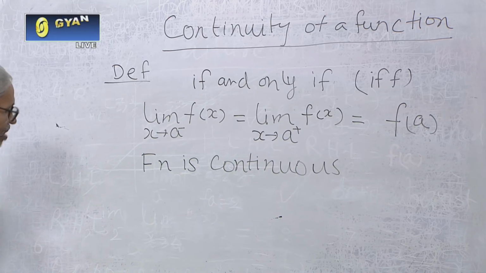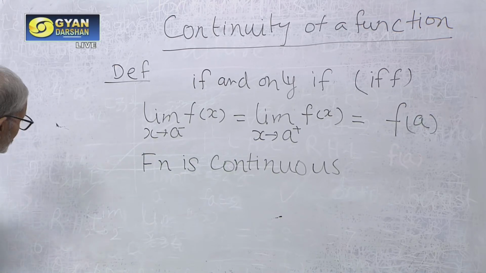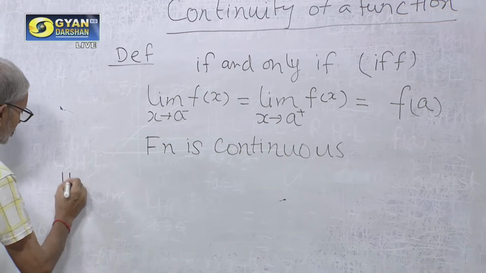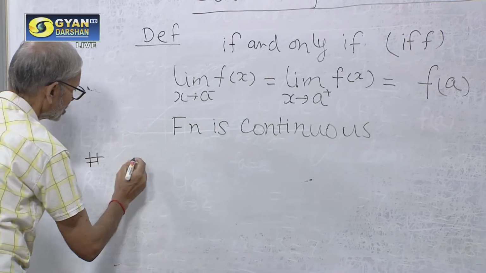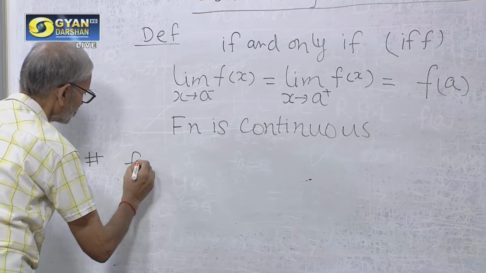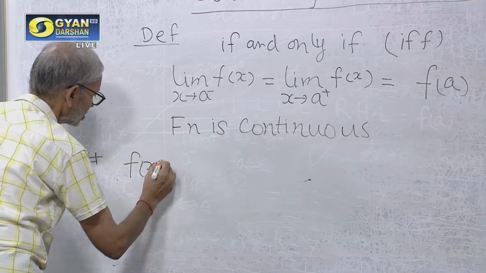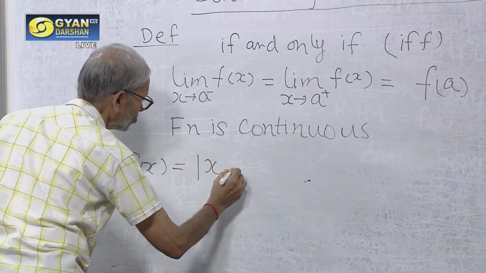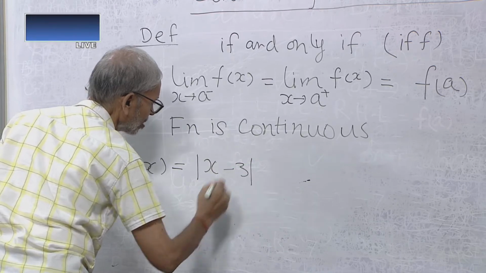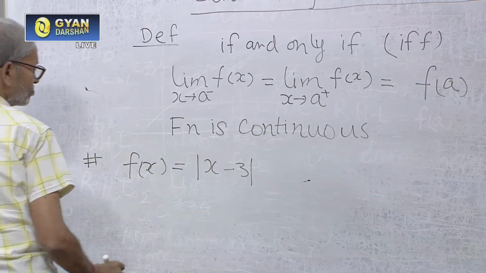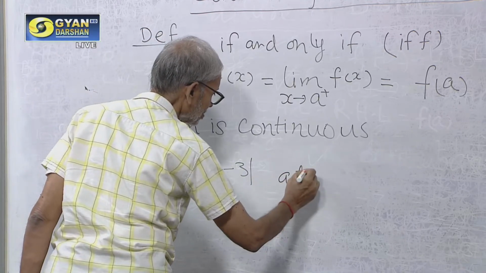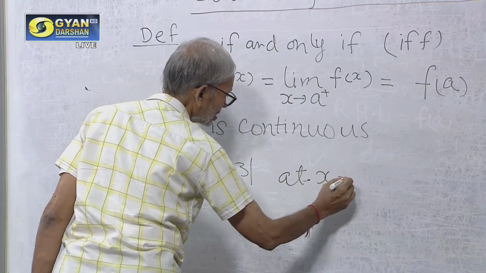Let us take an example. Suppose f x is given as mod x minus 3, and we have to check continuity at x is equal to 3.